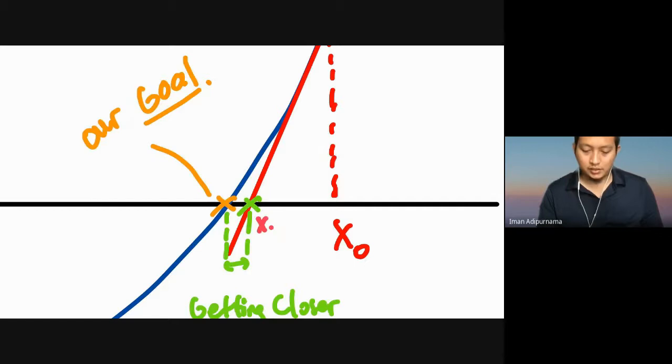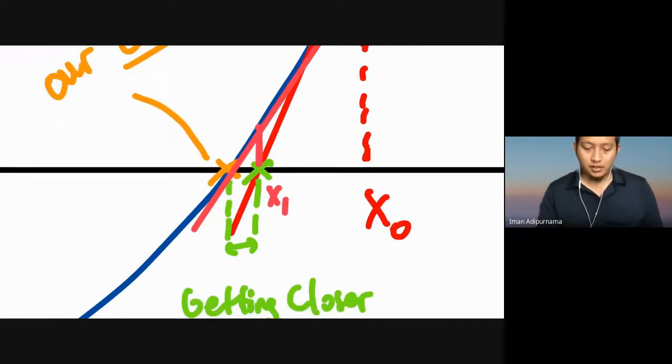Let's say this is x1, and make it until here, and make another tangent line. You will notice that when you do that, the tangent line that crosses the x-axis will be getting closer to the roots.